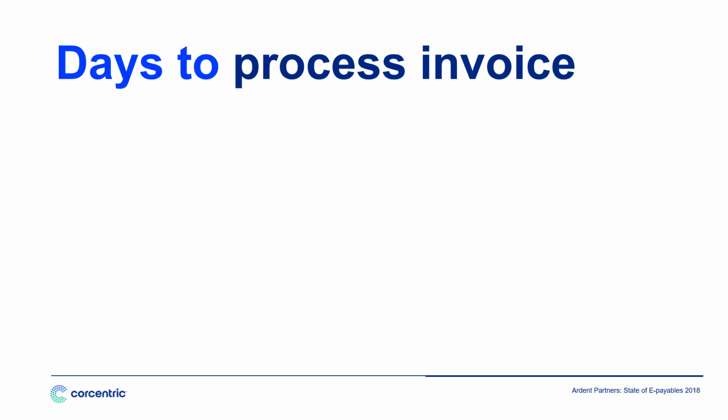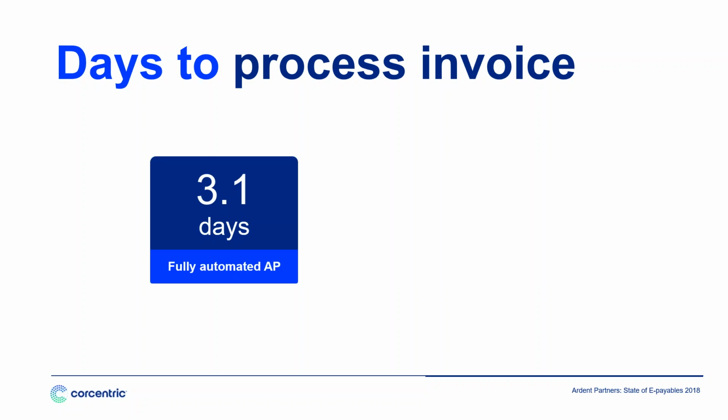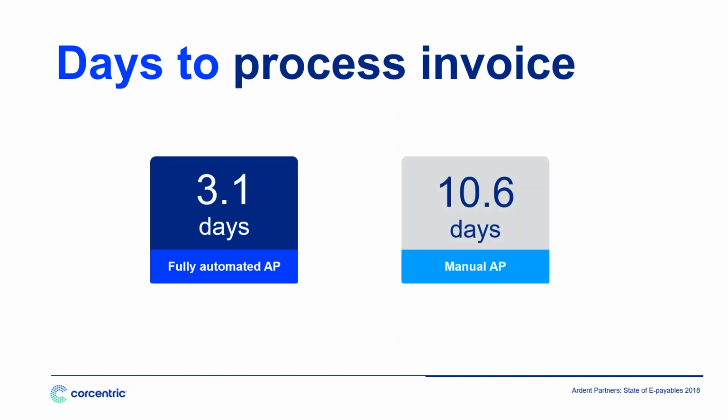But here's the chasm when I look at these values in terms of the number of days it takes to process an invoice when you're fully automated versus manual. If you're fully automated, you can process in about 3 days. But if you're manual, you're going to take 3.5 times that, nearly. So if you're a company and you take 3.5 times longer than your competitor to process an invoice, you're missing opportunities.